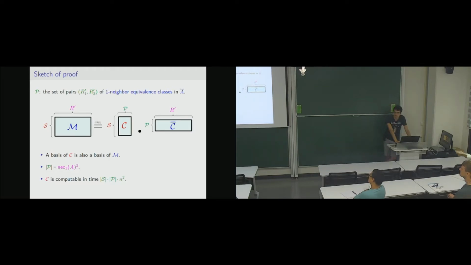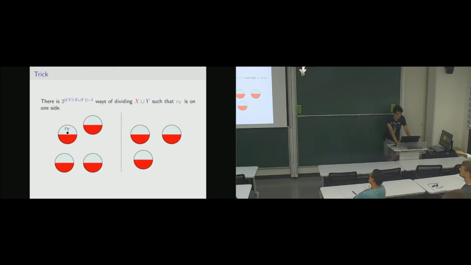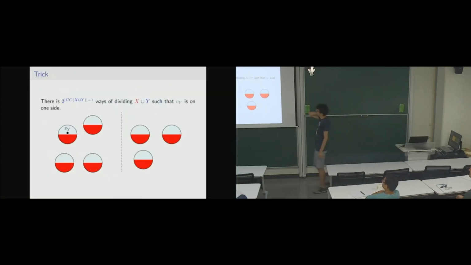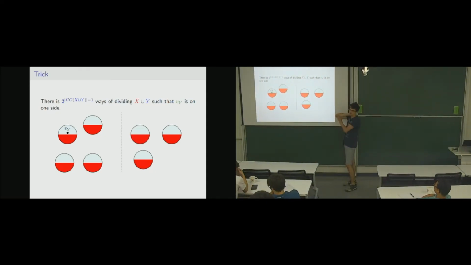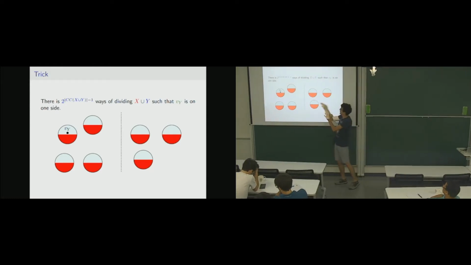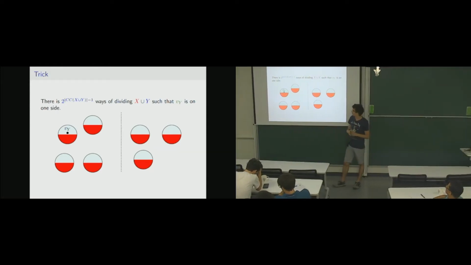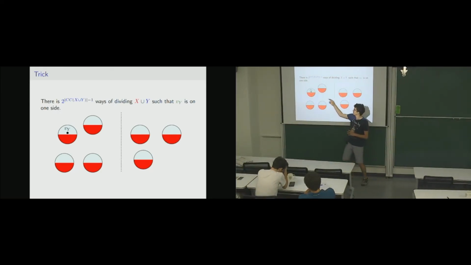Is it okay? Okay. And the trick here is that you take an X and a Y, and you fix one vertex v_Y in Y. And you look at the ways of dividing X and Y such that every component is either here or here, and v_Y is on this side.